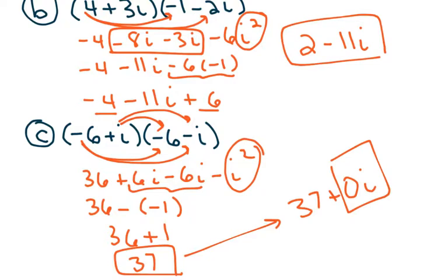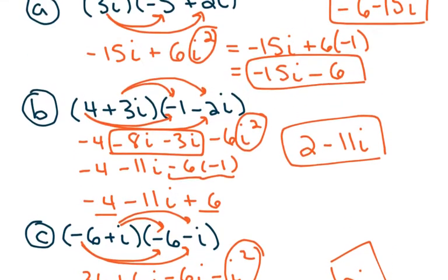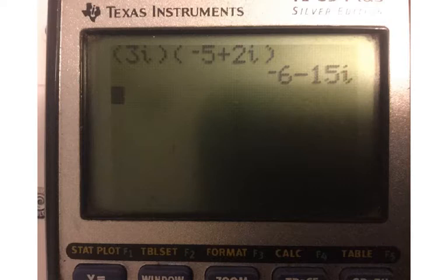Now, let me show you that this is probably easier done just in your calculator. When I put problem A into my calculator, again, notice that I use the parentheses. The calculator understands this as multiplication, so you don't have to put a multiplication symbol between the parentheses. It knows that it's multiplication.